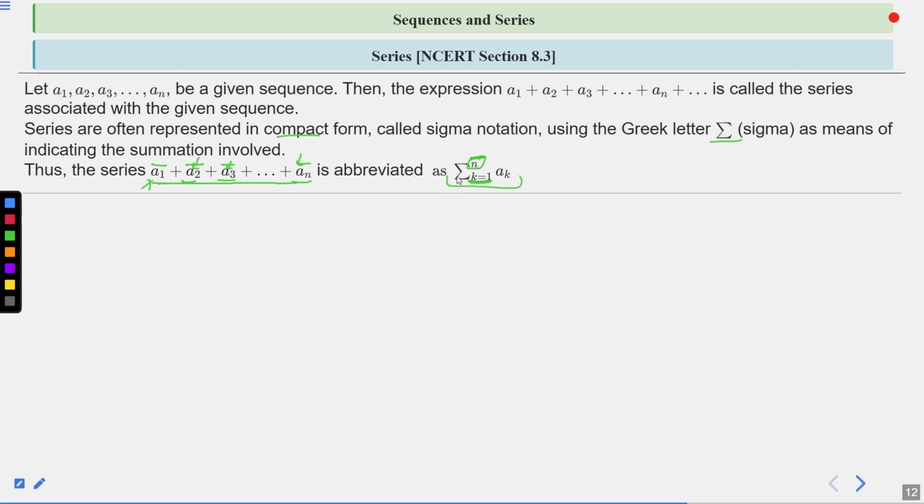So this is the compact form of your expanded form. This is the same as this representation. Both represent the same thing: this is the compact form, this is the expanded form. Clear? That is how we write any given expanded series form into a compact form.